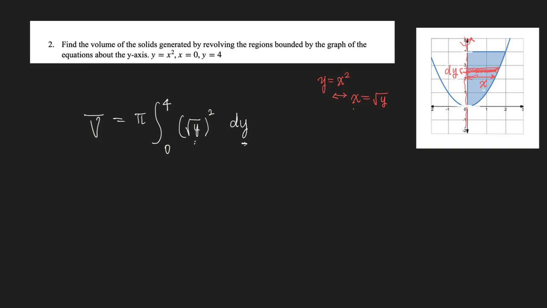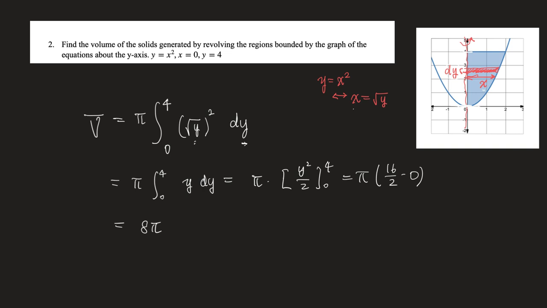That's how you do the y setup. So let's solve it. Pi, integral from 0 to 4 of y dy. Power rule gives y squared over 2 from 0 to 4, pi times 16 over 2 minus 0. That's going to be 8 pi. Now we have finished the disk method. Let's work on the washer method.